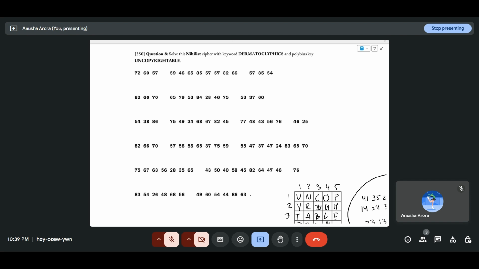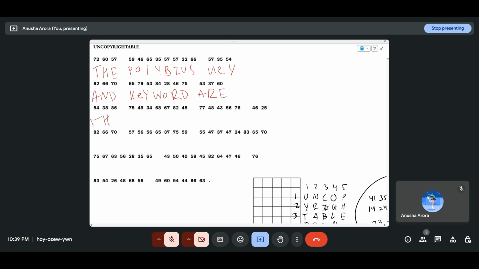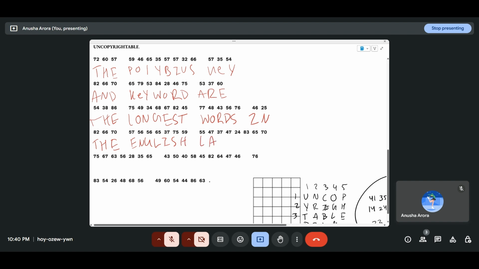So it's going to be, the Polybius key and keyword are the longest words in the English language without repeating a single letter.